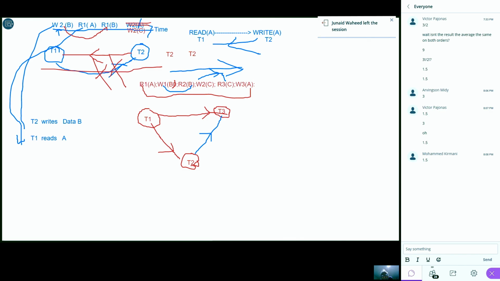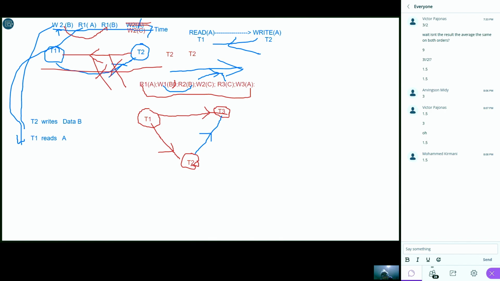T1 must come first, then either it could be T3 or T2. There's no cycle here. This says T1 comes, then T2. This says T2 and then T3. And this says T1 before T3. So 1, down, down, but this is not against it. This is not a cycle. If this was a cycle, then there would be a problem.